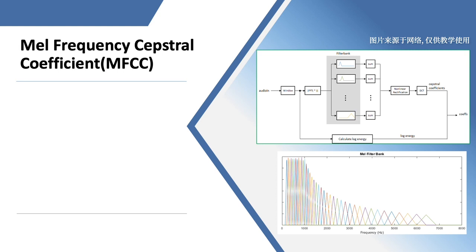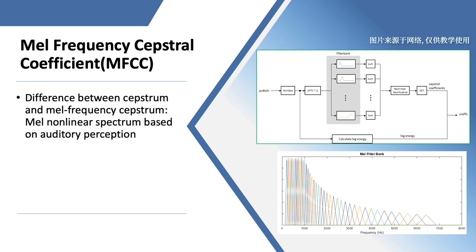Taking into account the characteristics of human hearing, the linear spectrum is first mapped to the mel nonlinear spectrum based on auditory perception, and then converted to the cepstrum.